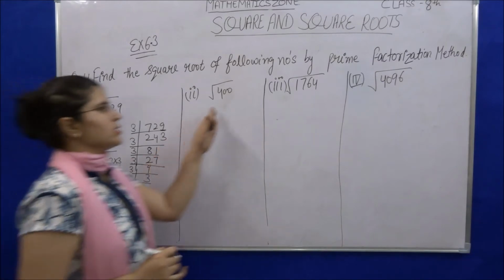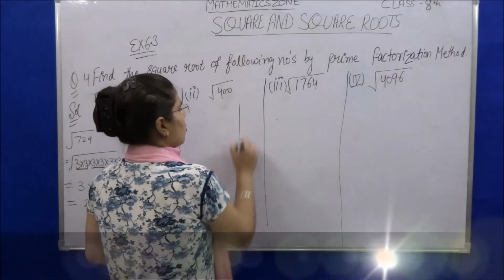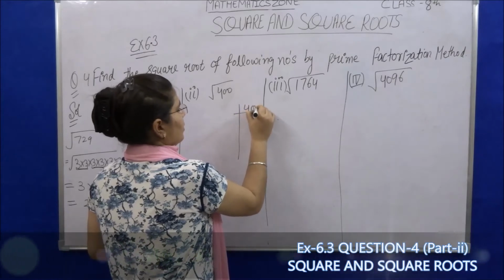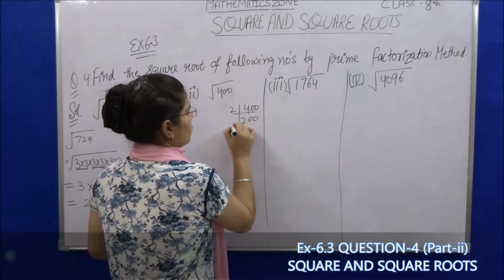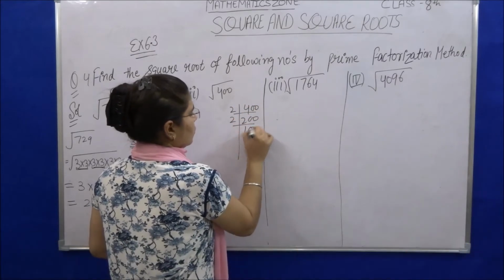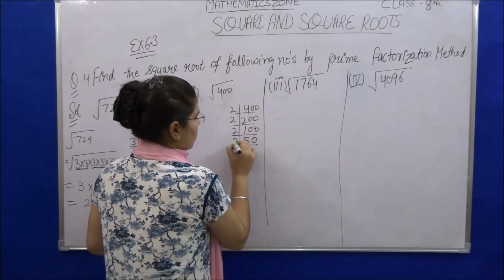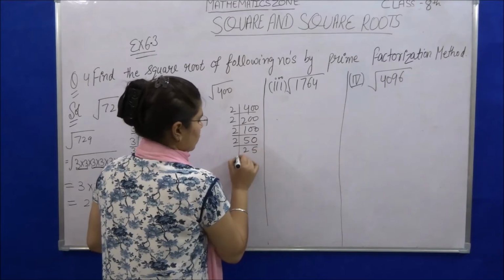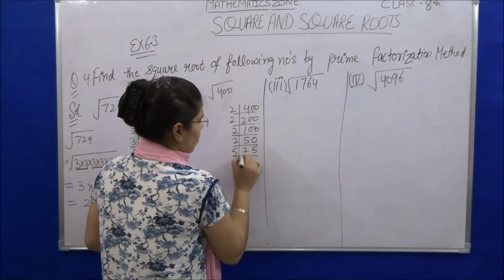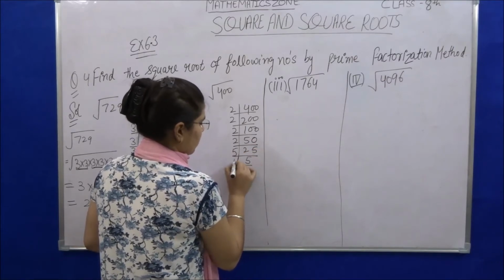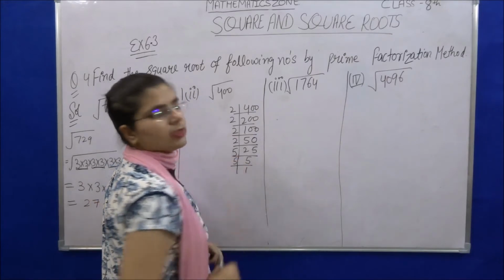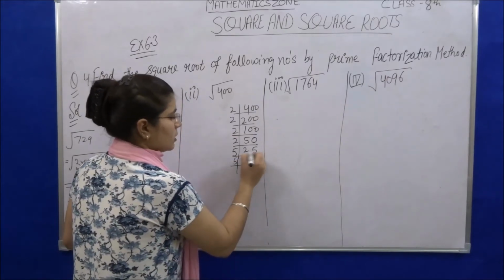Now next we will find the square root of 400. That will be 2 times 200, 2 times 100, 2 times 50, 2 times 25. Now 5 times 5 is 25, 5 times 1 is 5.